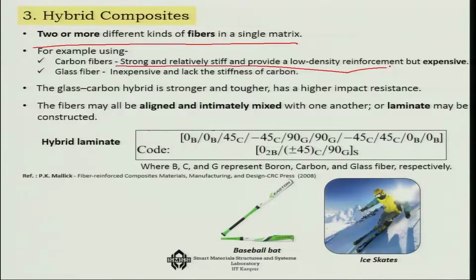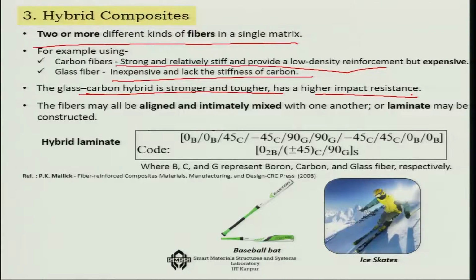Now suppose I add glass fiber, which is inexpensive but lacks the stiffness of carbon. Then the 2 together will possibly make the stiffness a little better and the cost a little better. So that's how it can solve some of the contradictions. The glass carbon hybrid is stronger and tougher, and it has a higher impact resistance.